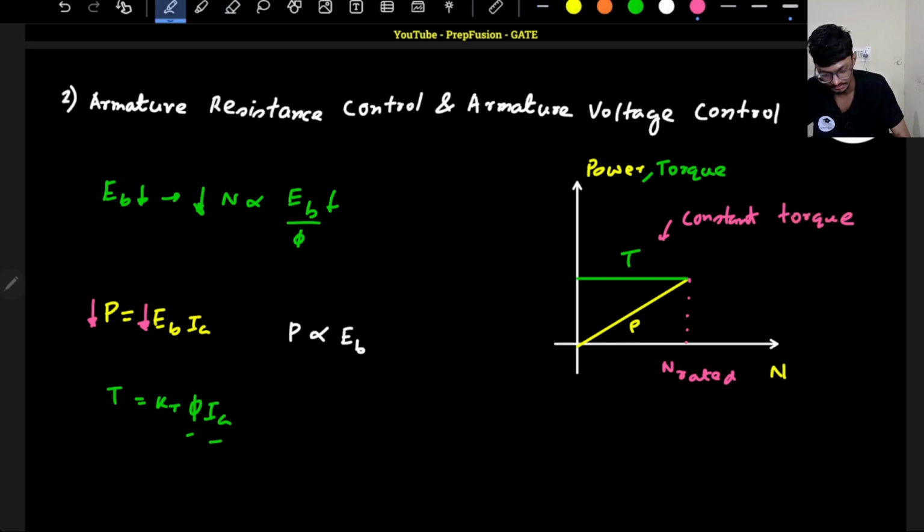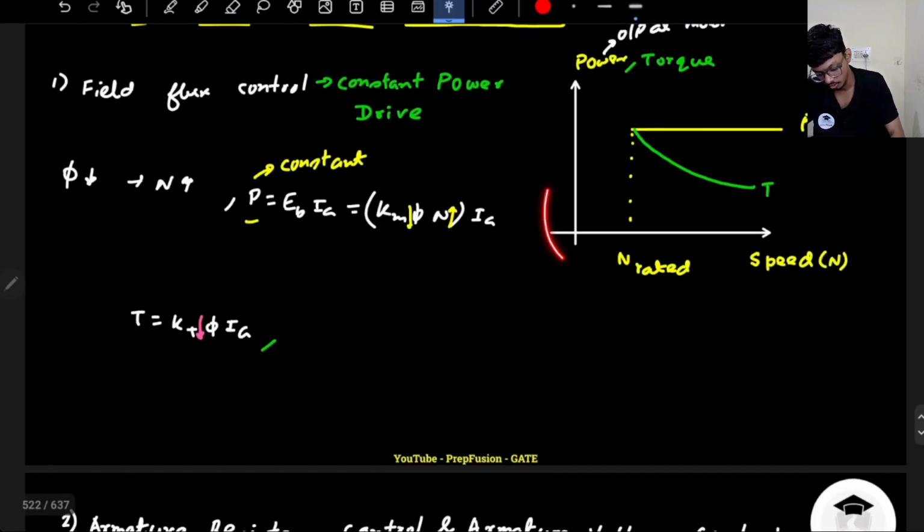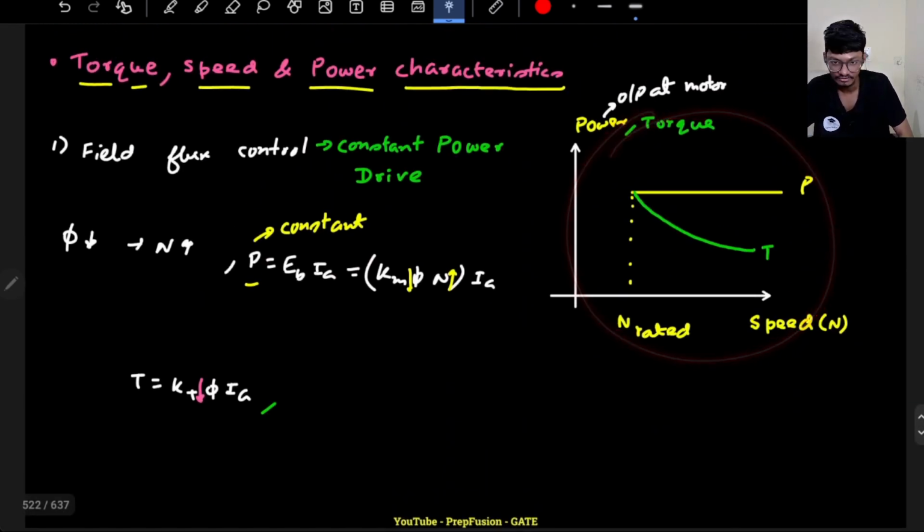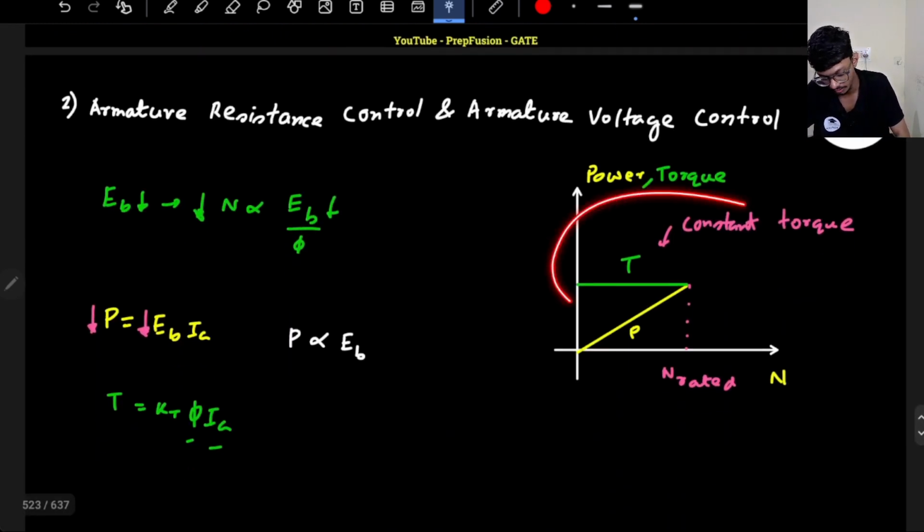Okay, that is the difference basically. So what we do, we combine these two graphs together to make a single one. For controlling above base speed, we will use field flux control. For controlling below base speed, we will use armature voltage control.